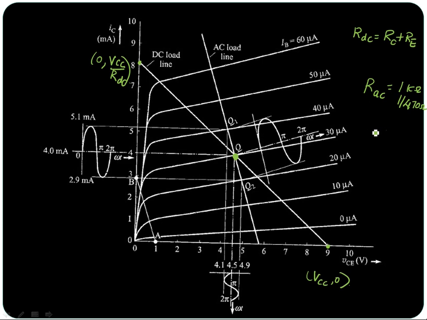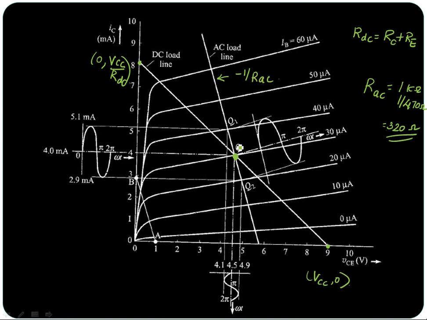You will get RAC as 320 ohm. Then the slope of the AC load line will be minus 1 by RAC. Since the Q point describes the zero signal conditions of the circuit, the AC load line should also pass through the Q point. So after drawing the AC load line, shift it so that it passes through the Q point with a slope of minus 1 by RAC.